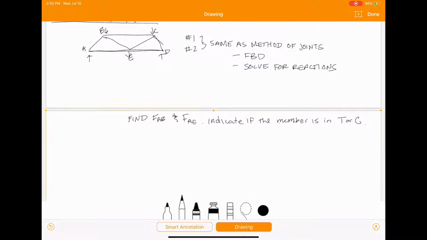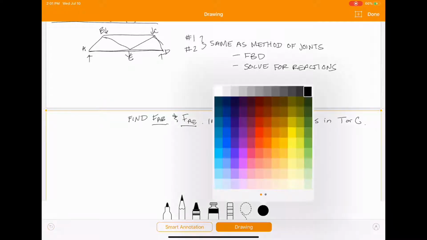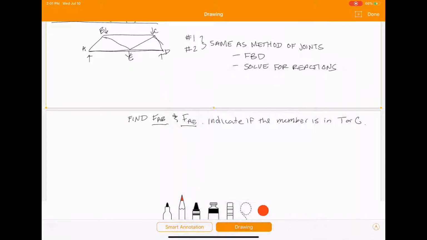All right, so because we want to find FAB and FAE, that's where we're going to cut the truss and make a section. So we are going to cut the truss with a vertical line through AB and member AE.